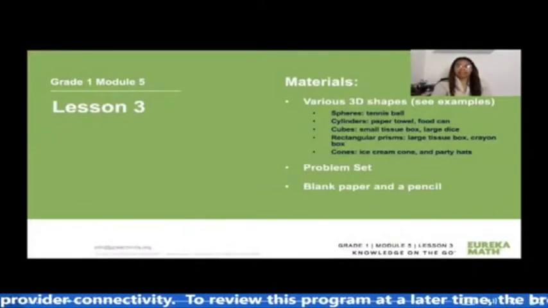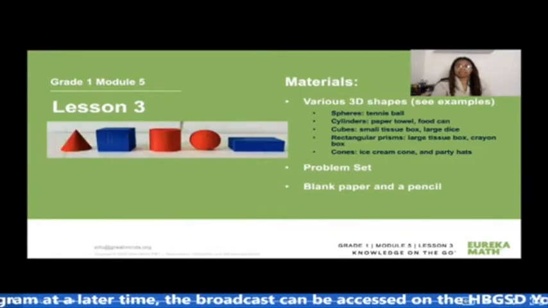Ask an adult to help you gather the materials you will need for today's lesson. You will need various three-dimensional shapes. Here's a picture of the three-dimensional shapes I will be using, but I've also listed some examples of objects you can use around the house as your three-dimensional shapes.